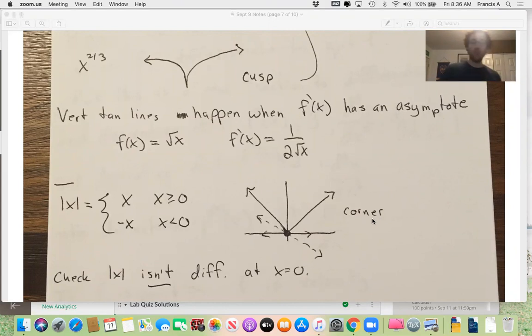And one way to think about this is if you try to draw the tangent line, there isn't one. So in the above cases, the tangent line was vertical, but here there's kind of space for you to draw different tangent lines. And if you try to be as careful as possible, the issue is there are two good guesses. The left side, it looks like your tangent line should be this line.